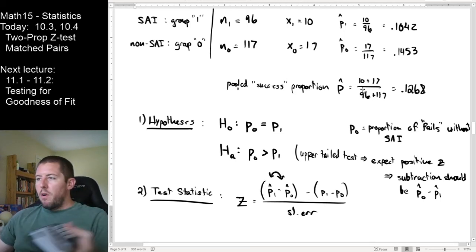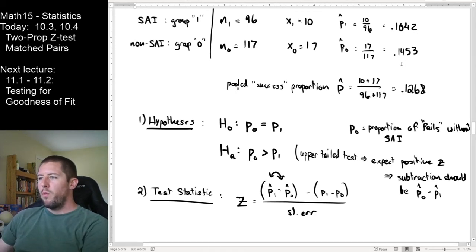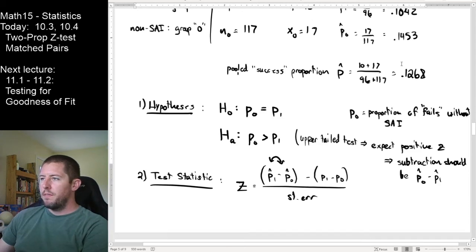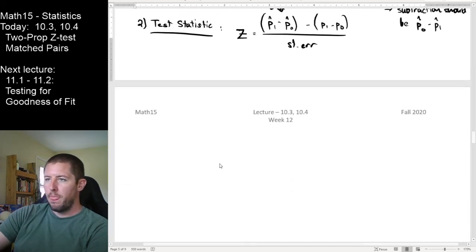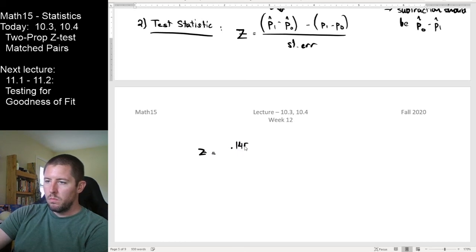For this P0 and P1 then, I've got 0.1042 and 0.1453, so that's our difference in sample proportions.